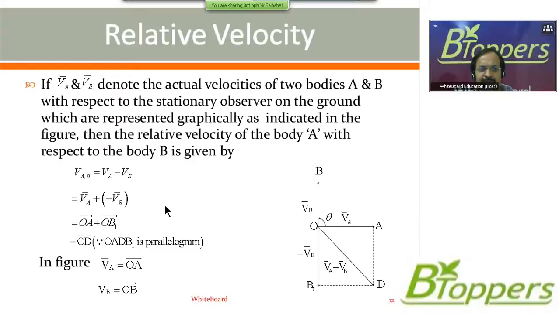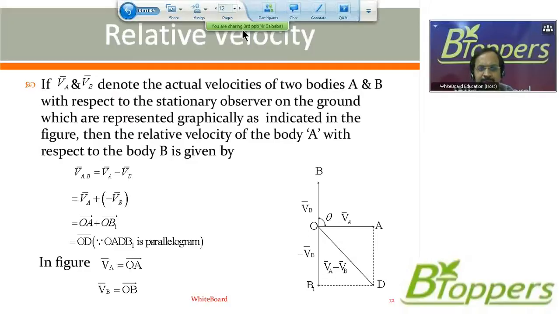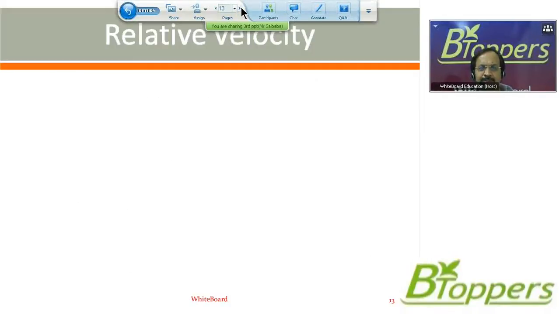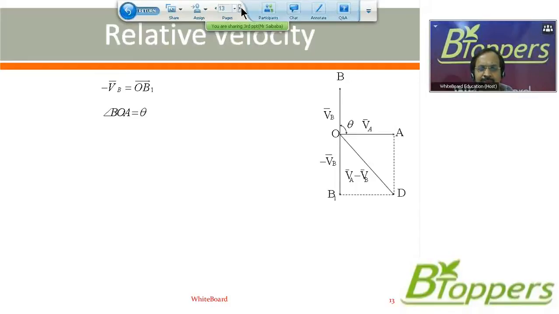So in this figure, VA bar is represented by OA bar, VB bar is represented by OB bar, and vector minus VB bar is represented by OB1 bar. So the relative velocity of the body A with respect to the body B is the vector sum of VA bar and minus VB bar.